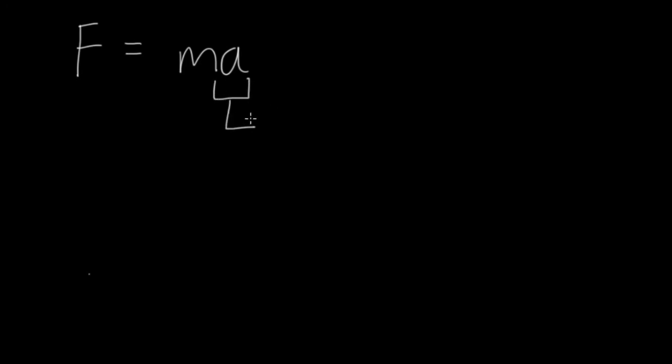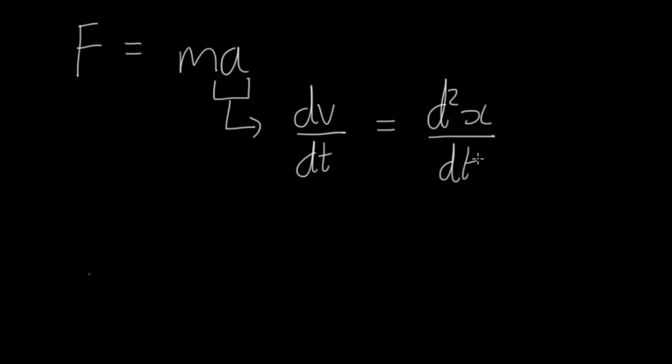Acceleration can be rewritten as the first derivative of velocity, which can also be written as the second derivative of position, like so, where x is position. And this is often also written in shorthand, like so, or you may also see with two dots, like so. So this is a very common example of a differential equation.